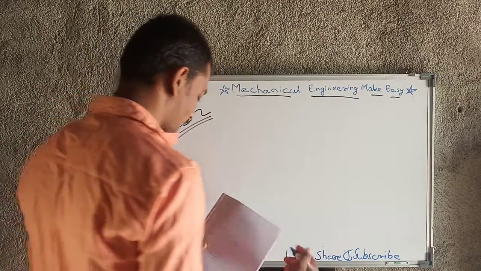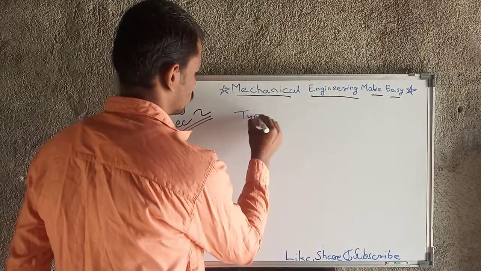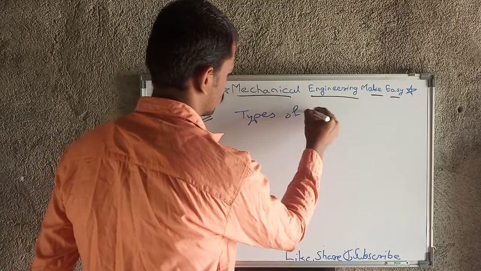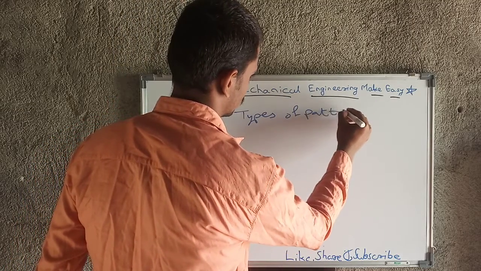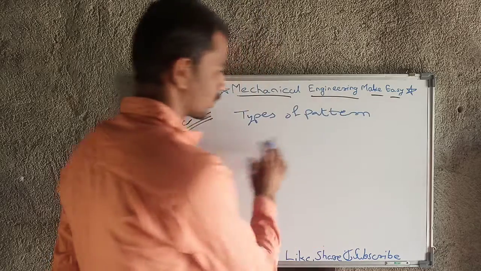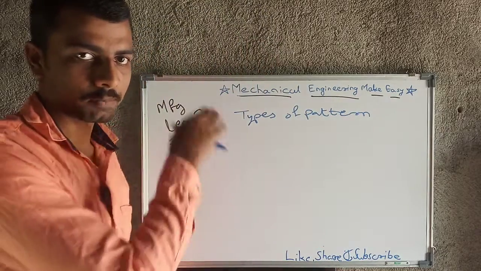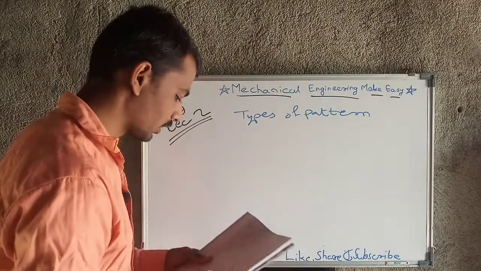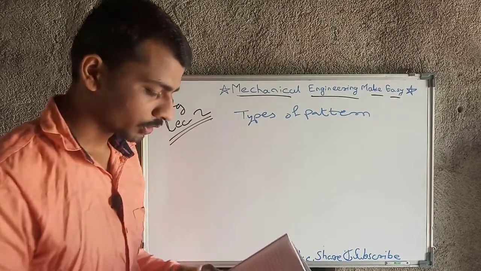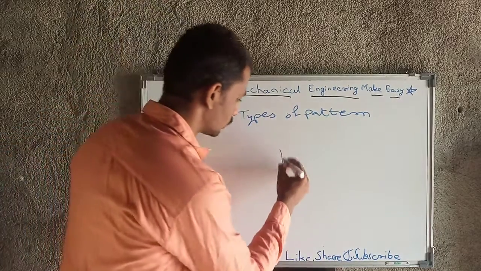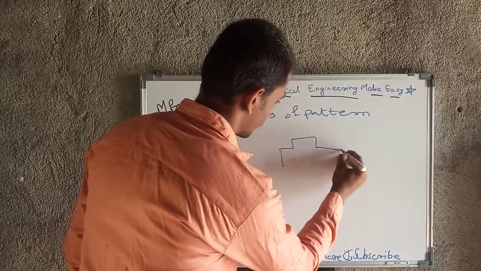Next is types of pattern. What are the types of pattern? There are a number of types of patterns, like single piece or solid pattern, which means the pattern is made with only one piece, likewise.